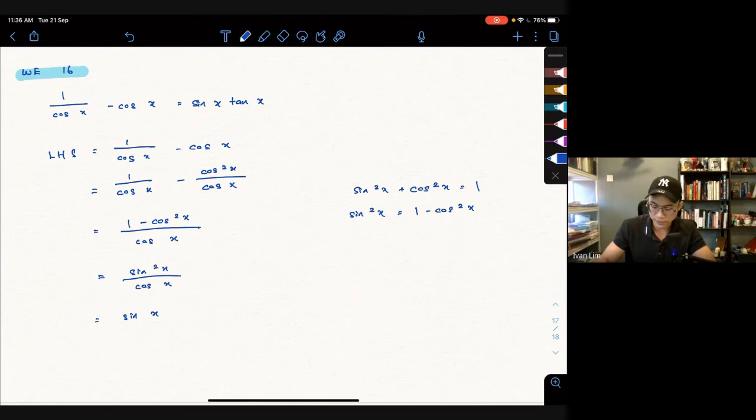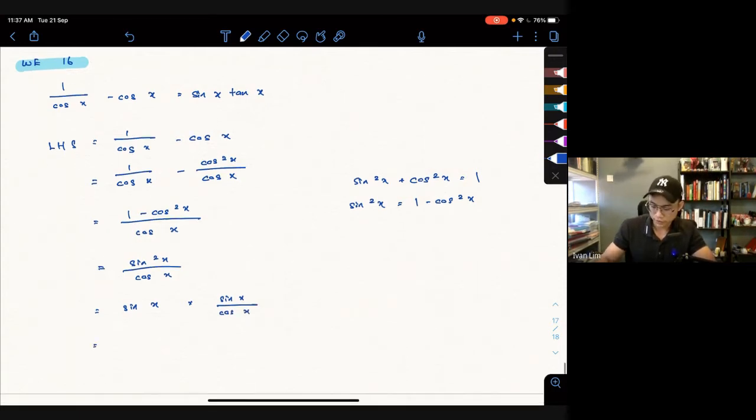So it can be sine x times sine x over cos x. With that, I can write sine x, sine over cos is tangent x. Okay, and you see it's equals to right hand side, therefore proven.